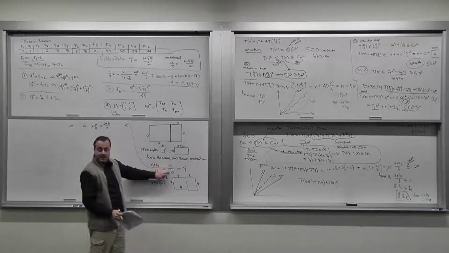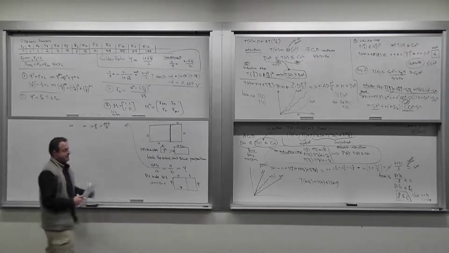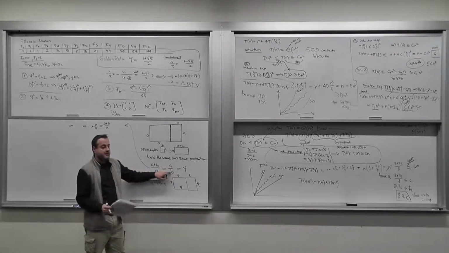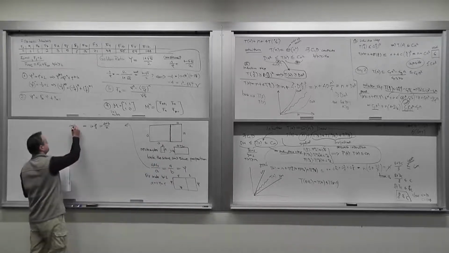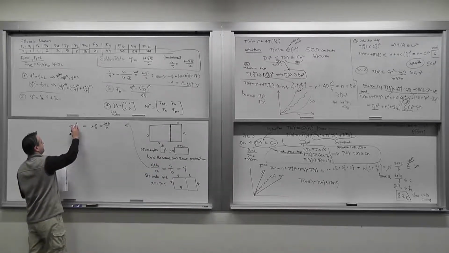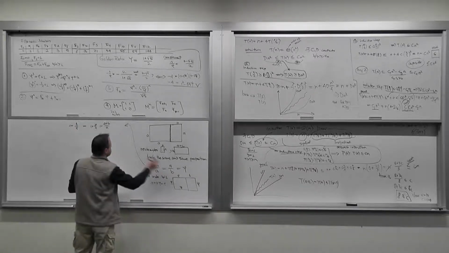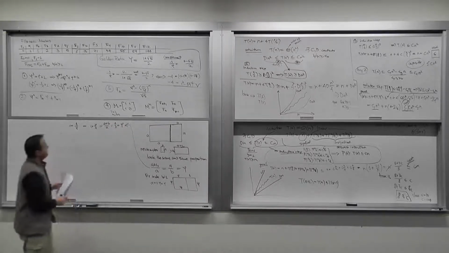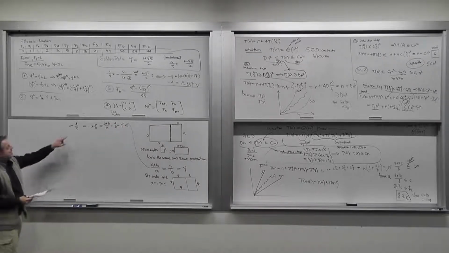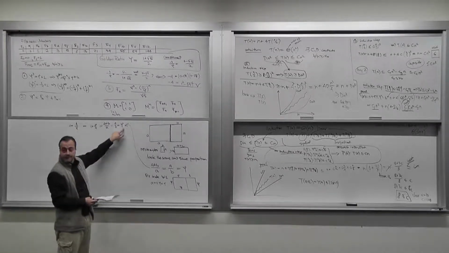If phi is A by B, who's B by A? Again, phi is A by B. Who is B by A? 1 over phi. But A plus B by A is the same as A by B, which is phi, right? So looking at this stuff here, what did I get? 1 plus 1 over phi equals phi.